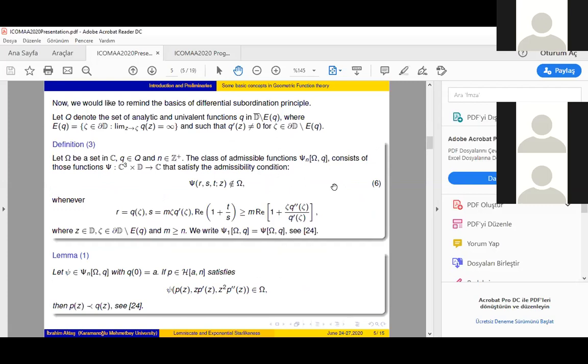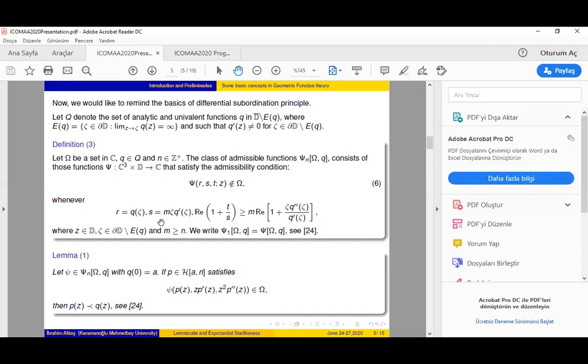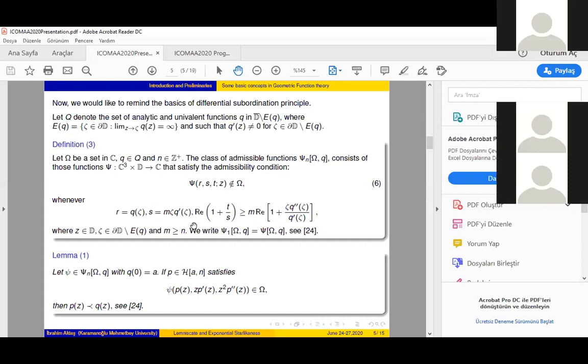The class of admissible functions psi n consists of those functions psi that satisfy the admissibility condition 6 whenever r, s, and other parameters satisfy these conditions. We write psi 1 equal to psi simply. Lemma 1 is known as differential subordination principle.